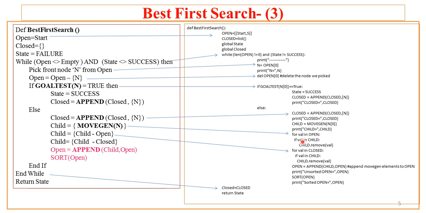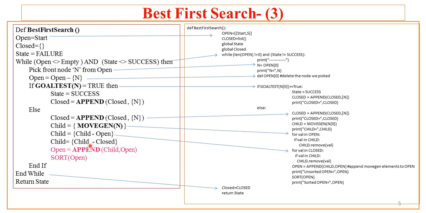So these two statements are transformed in the form of two for loops. For each value in open, if that value is present in the child, then the remove function will remove that particular node from the child list. Similarly, for each value in the closed, if that value is appearing in the child, the remove function of Python, invoked with the child list, will remove the node val. So this way this is achieved.